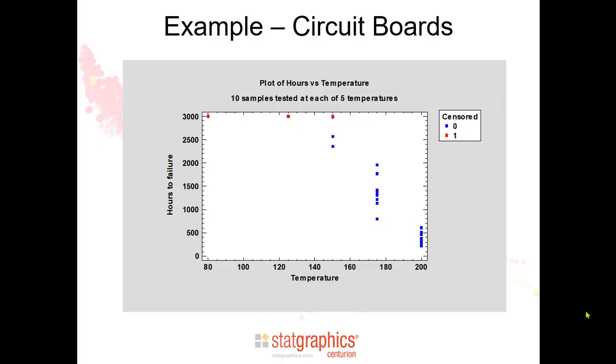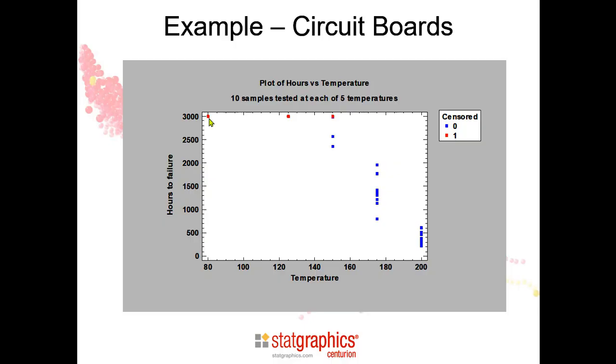The failure time of each circuit board was recorded unless the board had not failed by 3,000 hours. If it had not failed by 3,000 hours, then it was labeled as censored at 3,000 hours. You notice in this case, at the normal operating temperature of 80 degrees, none of the boards had failed.